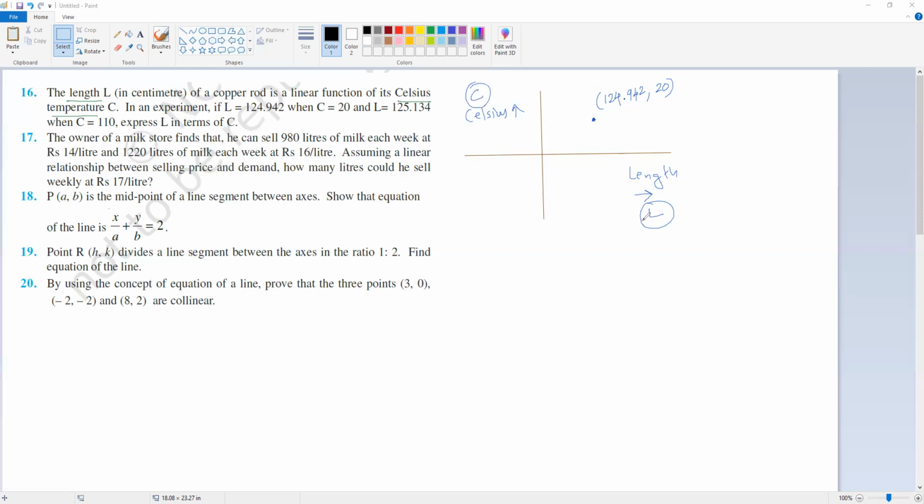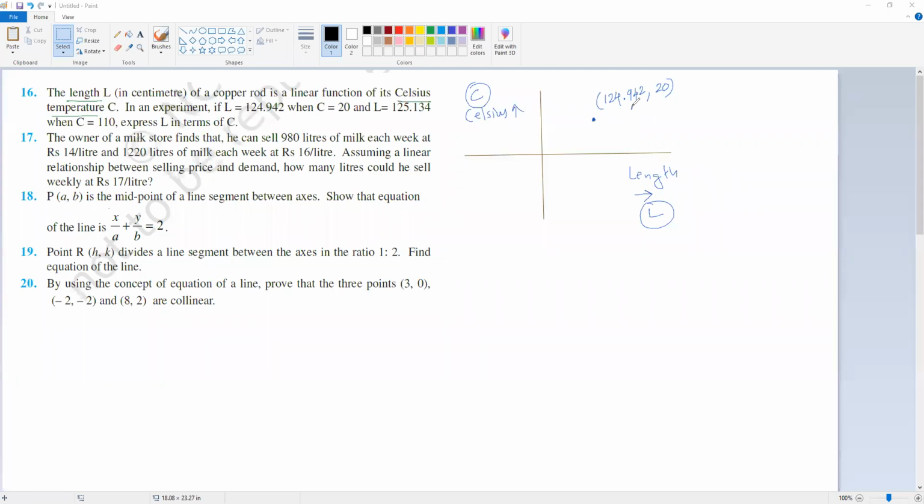I took here L along the x-axis. So the first coordinate, x coordinate, will be L. Second coordinate, y coordinate, will be C. So when C is equal to 20, L is equal to 124.942. And L is equal to 125.134, a little higher, when C is equal to 110.